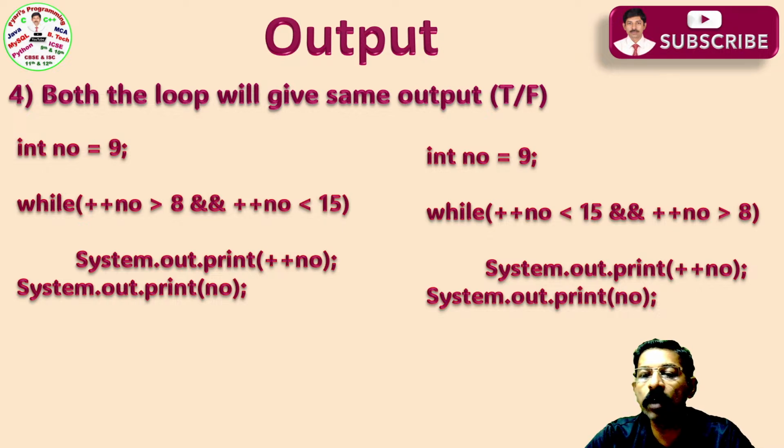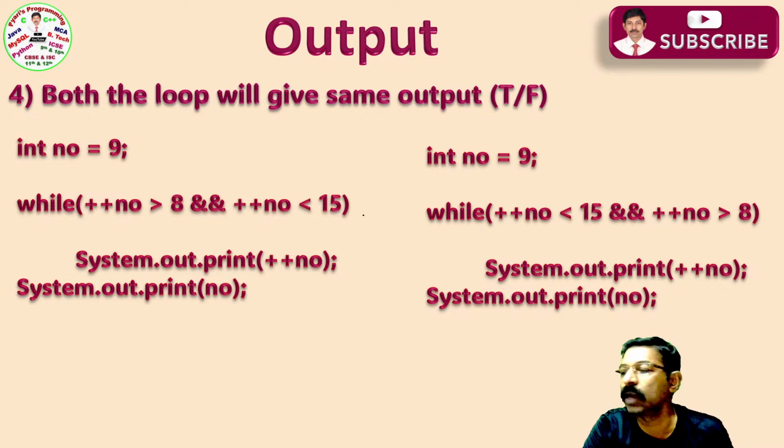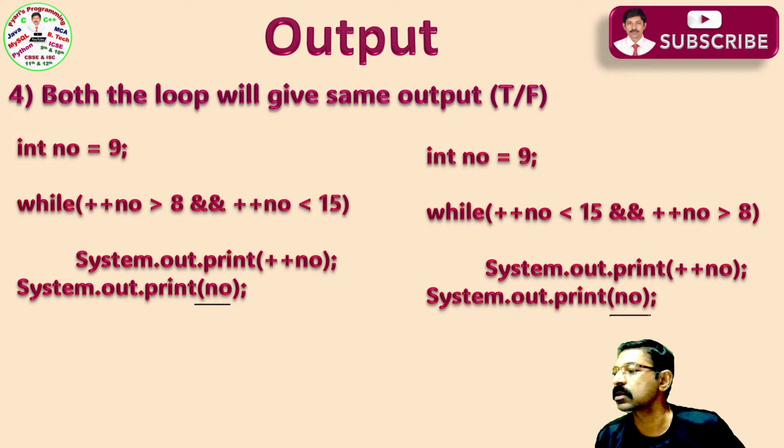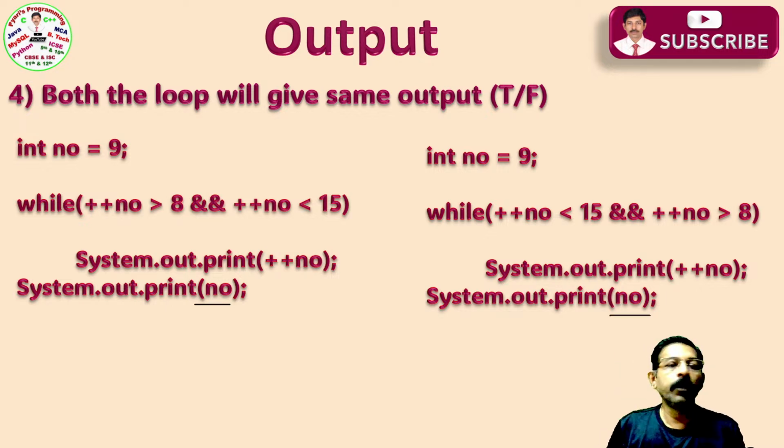True output is 1215. Arushi says false. Soham Prasad Biswai says false. If you are saying false, why don't you give the output of both? If both are not giving the same output, write down the output for this and for this, and say it is false. If both are the same, then why don't you give the output?